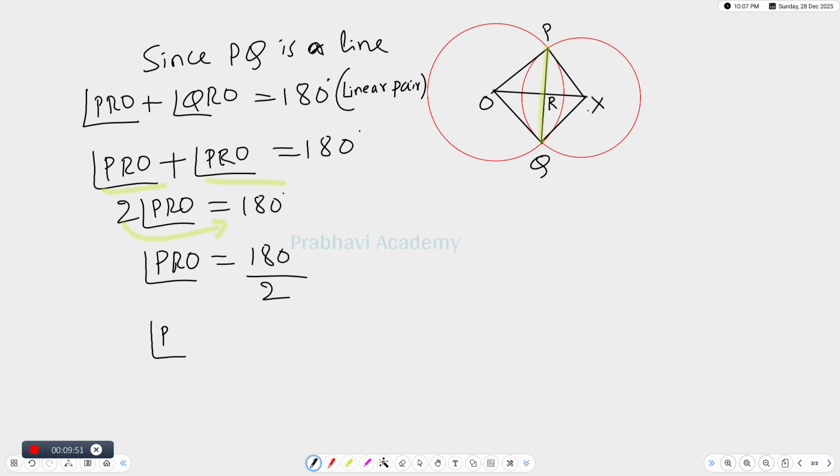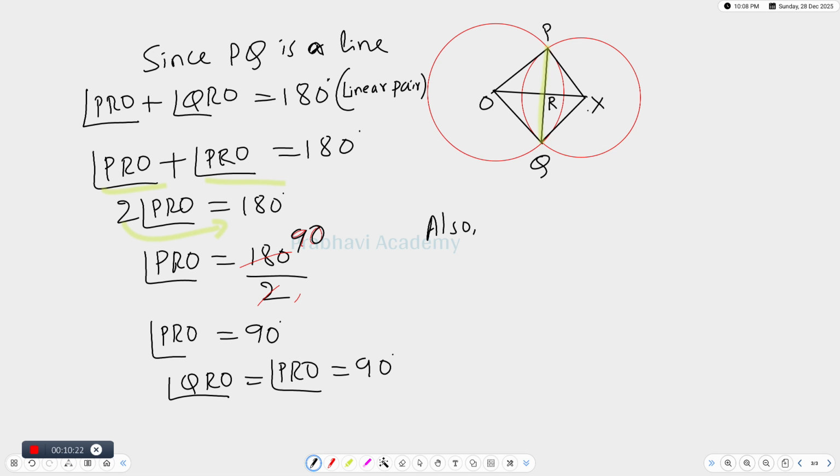So therefore PRO is equal to 90 degree. So that means angle QRO is equal to PRO is equal to 90 degree. Both these angles are 90 degree, and also PRX is equal to QRO.